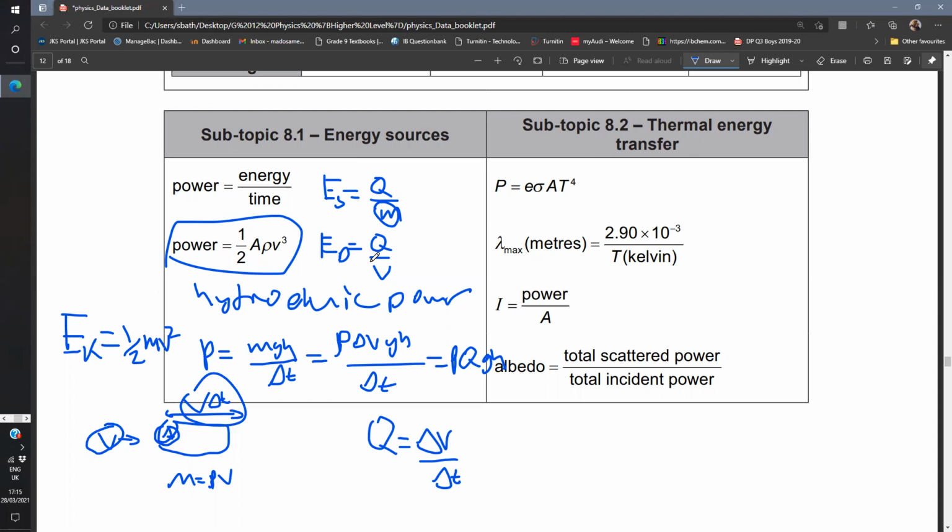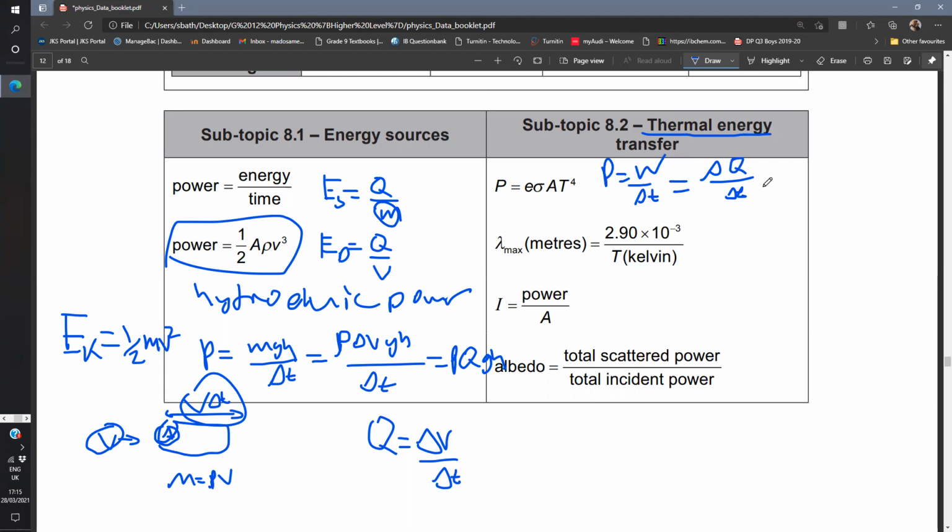Okay, and now we move on to thermal energy. We know that P is equal to W over delta T, or delta Q over delta T, the change in thermal heat, since we're talking about thermal energy here.